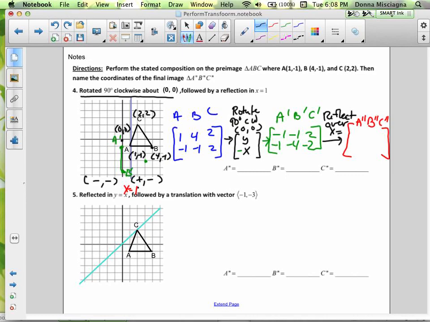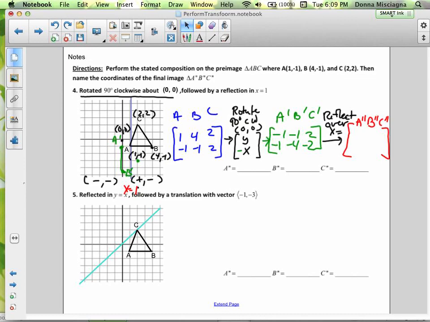So we have -1, -1, -1, -4, 2, -2. Why does that point not look like the right location? It should go there. Well, something is wrong and I can't figure out why.